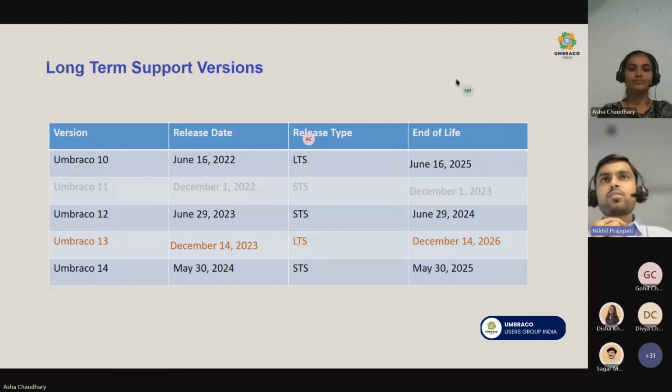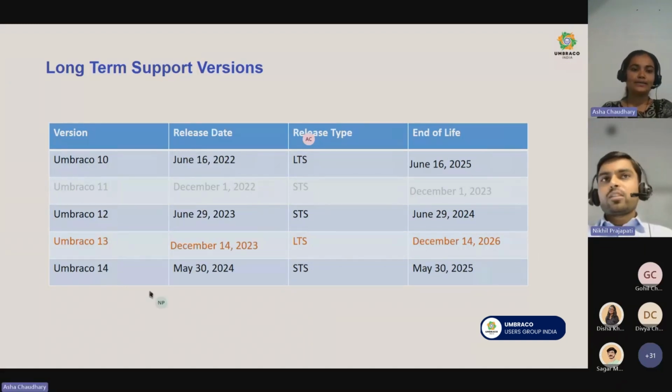The last long-term release was Umbraco 10, which is expiring on June 16, 2025. And the new version we are talking about right now, Umbraco 13, is going to expire on December 14, 2026. So this is the latest stable, long-term support version in the market from Umbraco as of now.